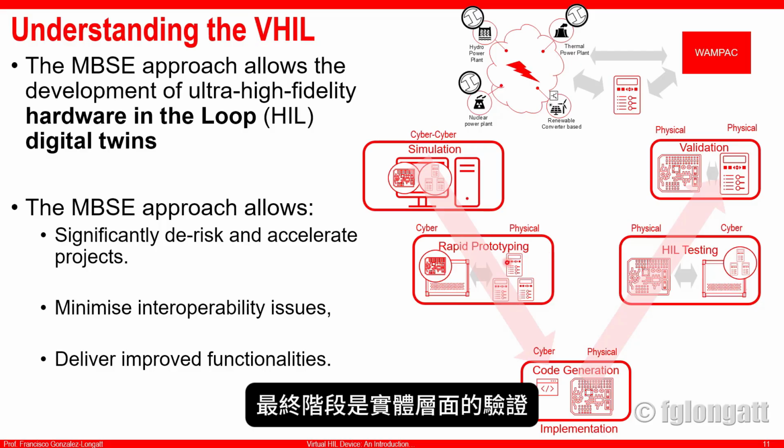If this stage is successful, we can go for the full implementation, and then the one-pack will be implemented in hardware and software. The one-pack will be a cyber physical system. But now, when the hardware and the software of the one-pack is ready, we need to test that the one-pack is properly working.